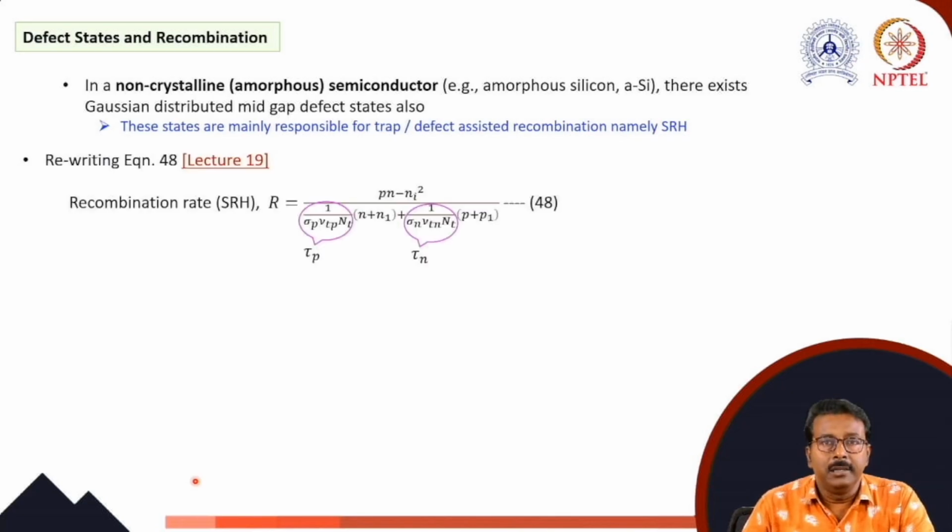From lecture 19, if we rewrite the recombination rate, we can write the rate of recombination R proportional to pn minus ni square, with pn greater than ni square, because this is a non-equilibrium condition.